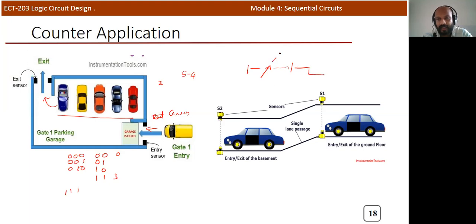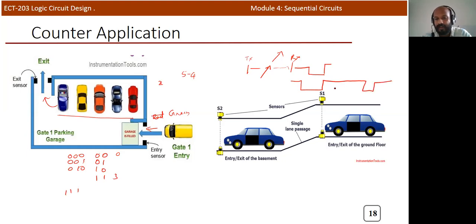When the vehicle leaves and passes this particular area, again the signal goes high. Such a transmitter-receiver section you can place at each gate. So when the vehicle passes, you will get an active low, and when there is no vehicle, this is an active high signal.